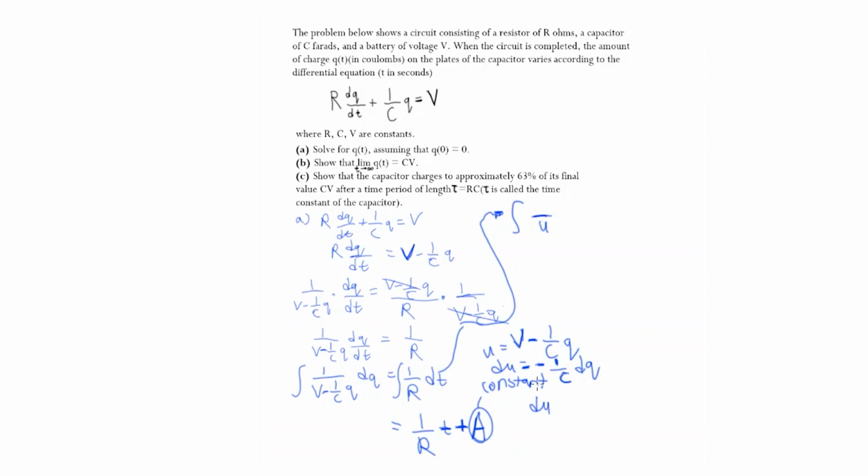And then we're going to have to isolate the dQ by itself so that we can substitute it out. So negative C du is what is going to replace the dQ.